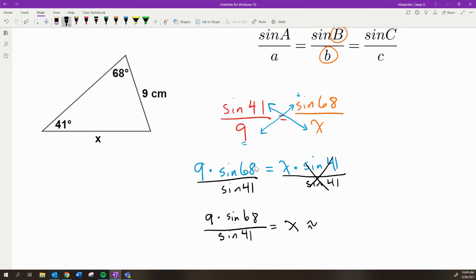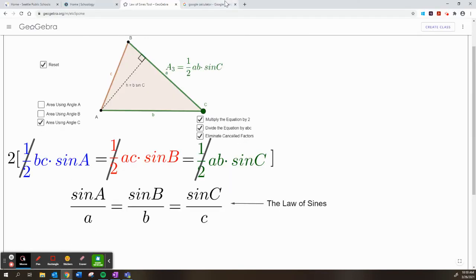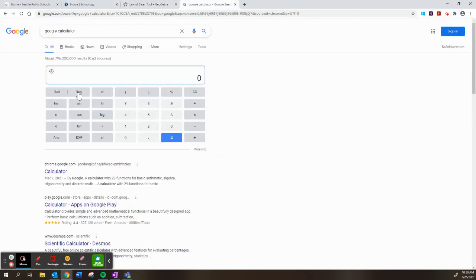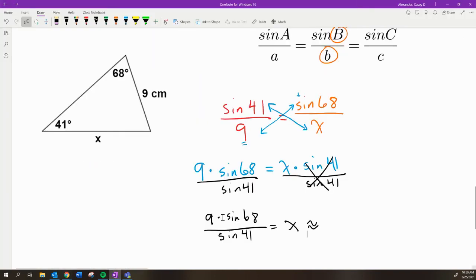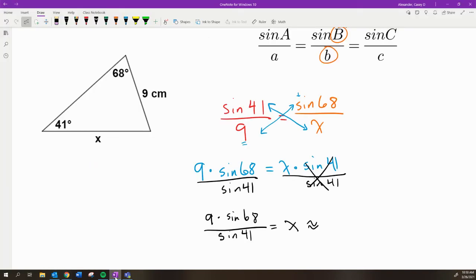So let's use a calculator and calculate that. Okay, here's a calculator. I'm going to make sure that I'm in degree mode. The first thing I'm supposed to do is the numerator, 9 times the sine of 68 degrees. So 9 times the sine of 68 degrees is this number, 8.34. You don't actually even have to write it down, but just as a note here, the numerator is approximately equal to 8.34.